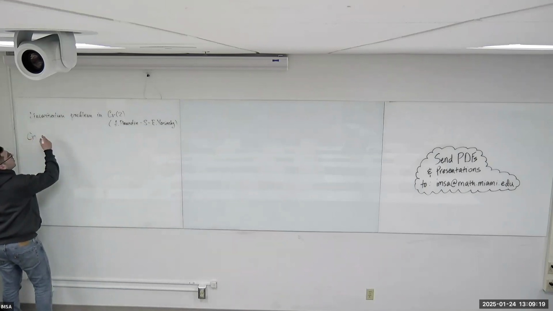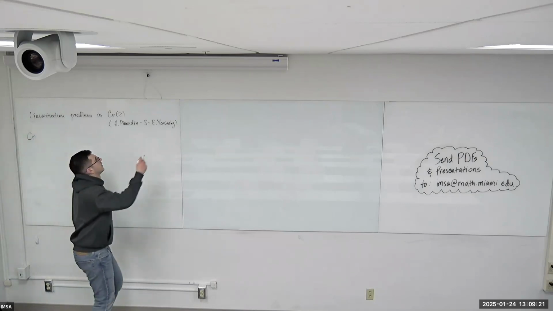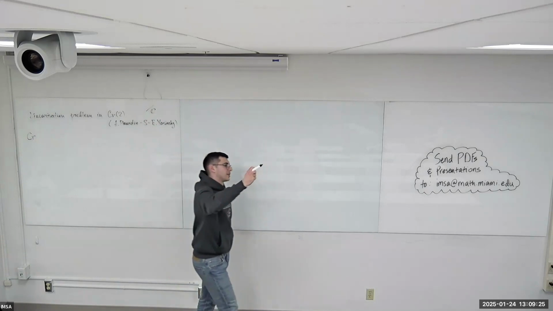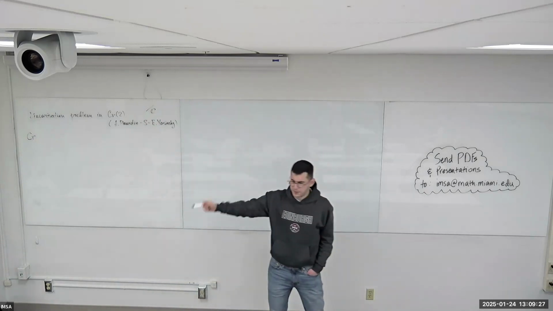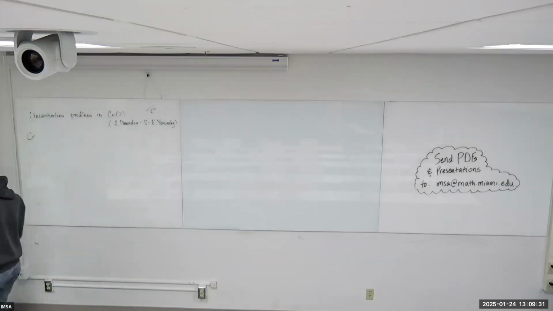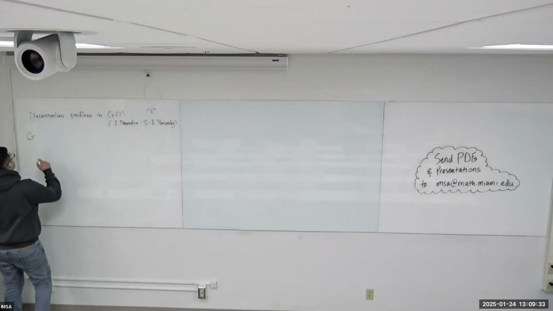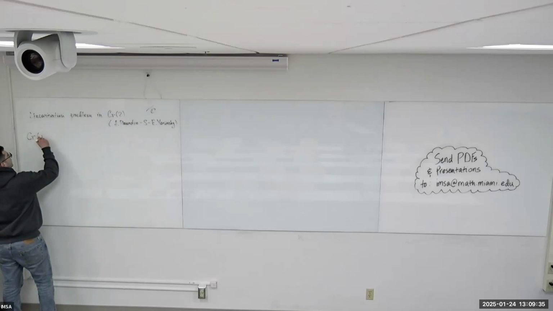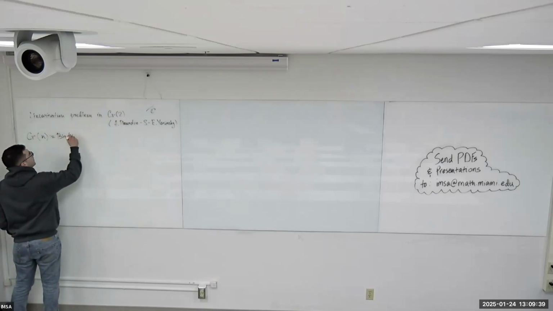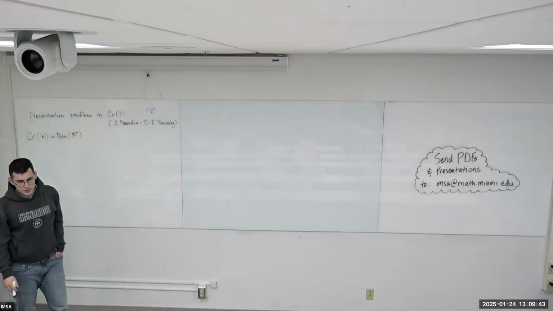All my talk will be over C, although the vast majority of the results can be extended over an arbitrary field, and there are a lot of papers about it. Today I'm going to focus only on C. So Cremona n is by definition the group of birational automorphisms of n-dimensional projective space.